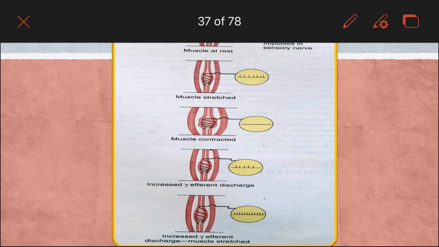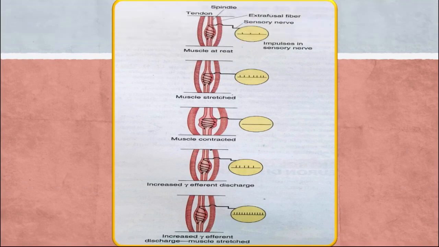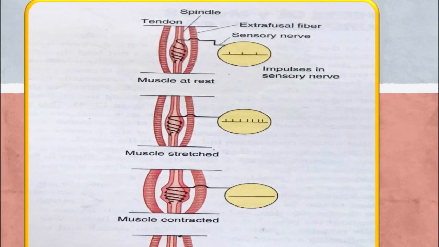The loading and unloading is, see, from first one we will move downward, look at this diagram. This is a diagram of a skeletal muscle, this part and this one, these are extrafusal fibers, and this one is intrafusal fiber forming the muscle spindle.